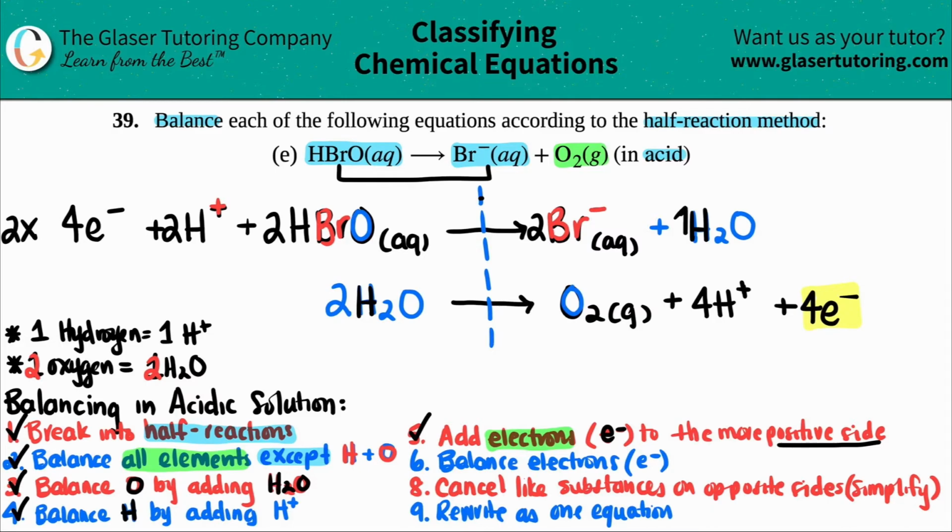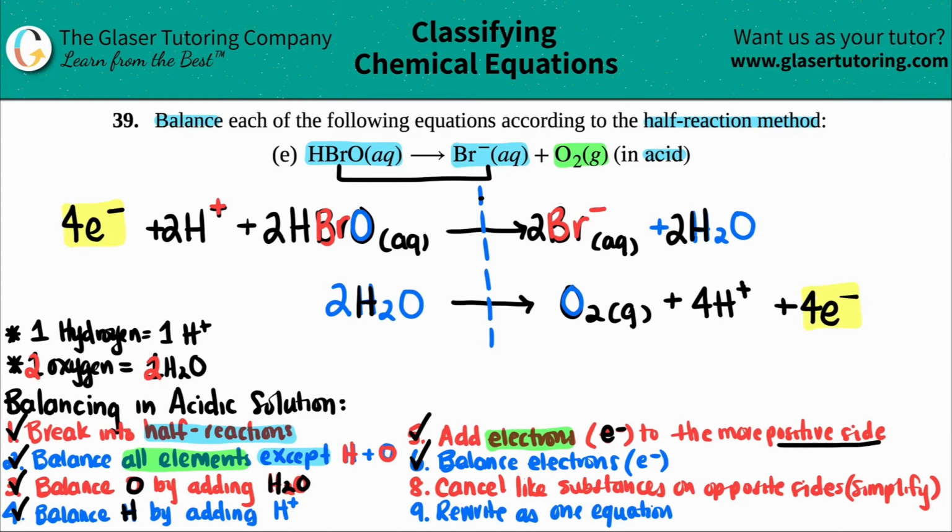And then I have 1 H2O, but 1 times 2 is 2. And once I put in my new coefficients, I'll just erase this. And that is my new half reaction for the top. And still, the electrons are the same. So we're done here.